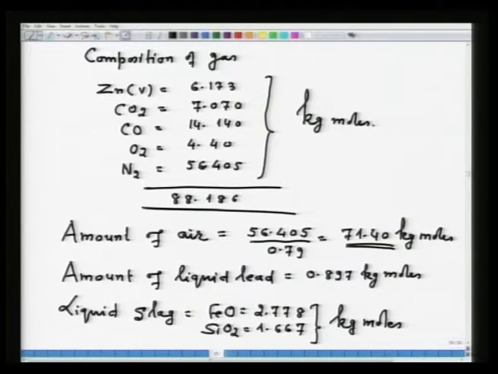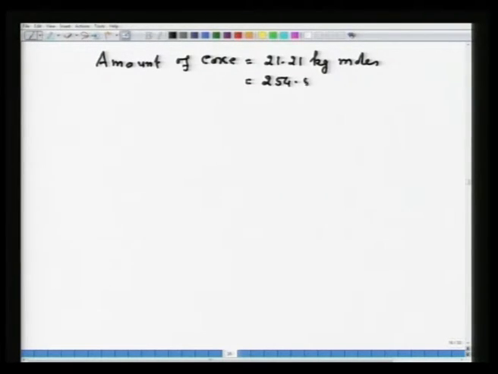So, now we have to determine the amount of coke also. Simply we add the carbon monoxide and find out from there, that is equal to 21.21 kg moles, and if you like that is equal to 254.52 kg.